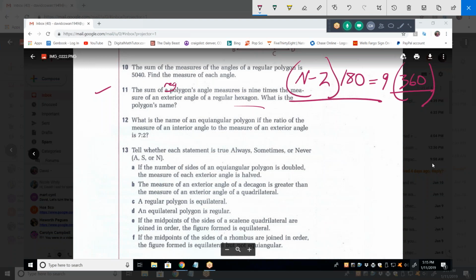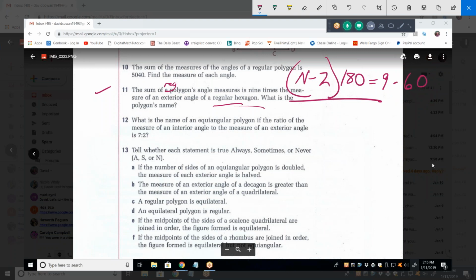This is confusing. Tells you the answer right there, doesn't it? No, because the other one is 9 times that of a hexagon. It's 9 times the measure of an exterior angle. Oh, okay. So this is not an equation, that's a number. Exterior angle of a regular hexagon is 60.